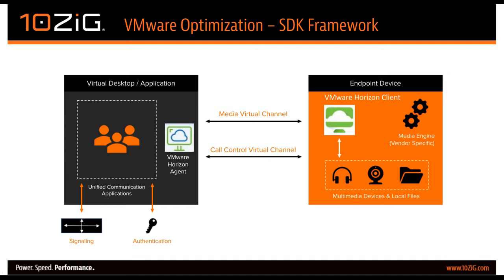So this is, again, a very important slide. It drills down a little bit more in terms of the detail that we talked about in the previous slide. Now, what we're looking at here on the left-hand side is the virtual desktop and the unified communications application that's installed in the virtual desktop.